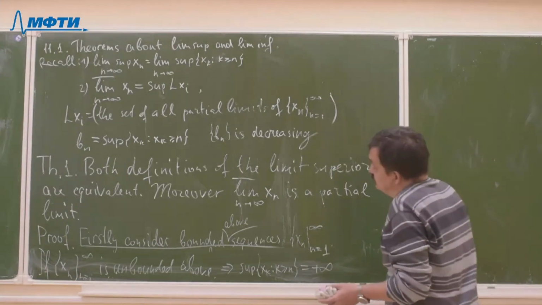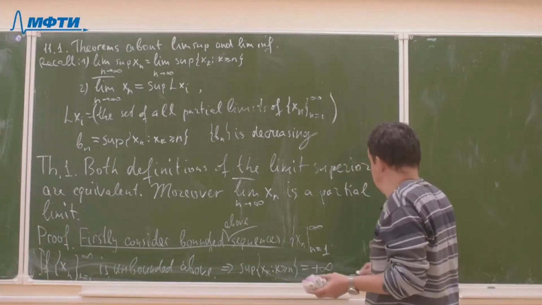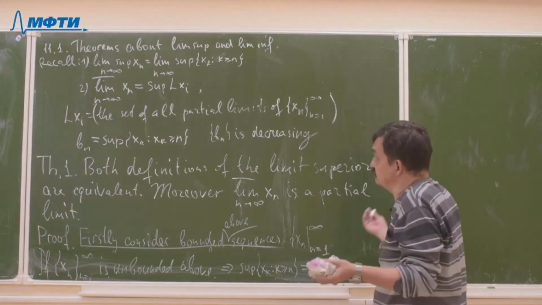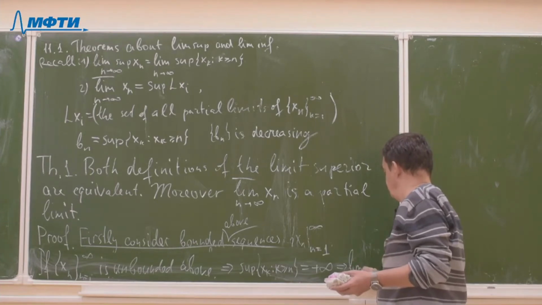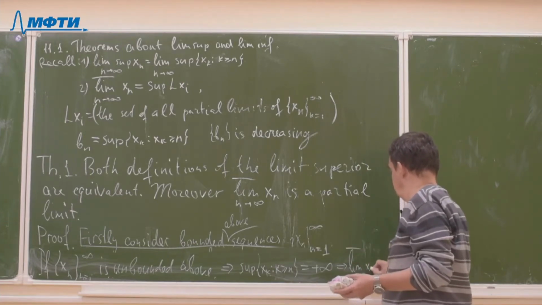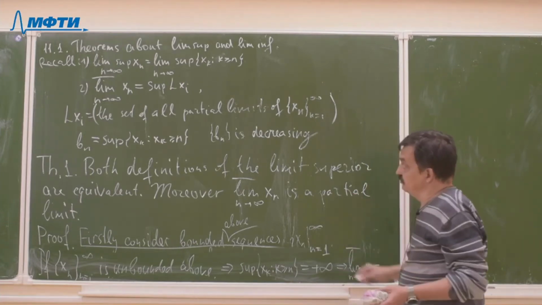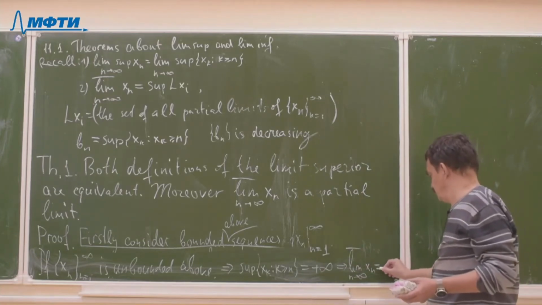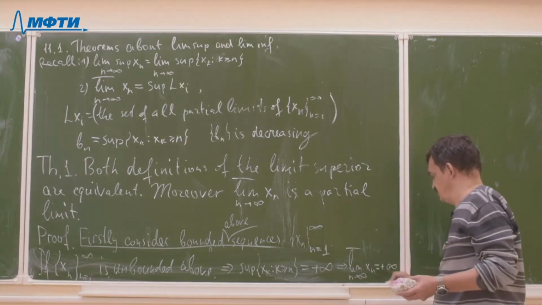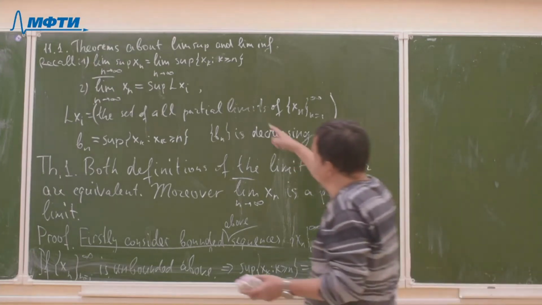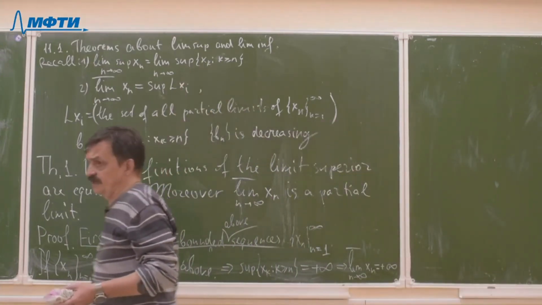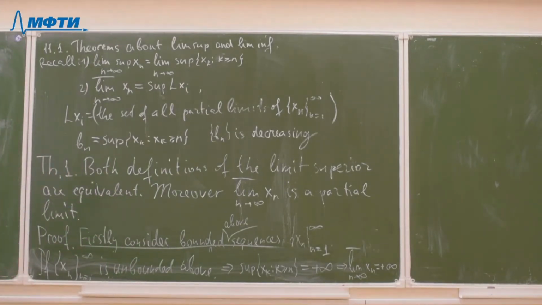Hence it is natural to accept that the upper limit, limit superior, is also plus infinity, right? Because every member of that sequence now is plus infinity, hence it's natural to take it as plus infinity.